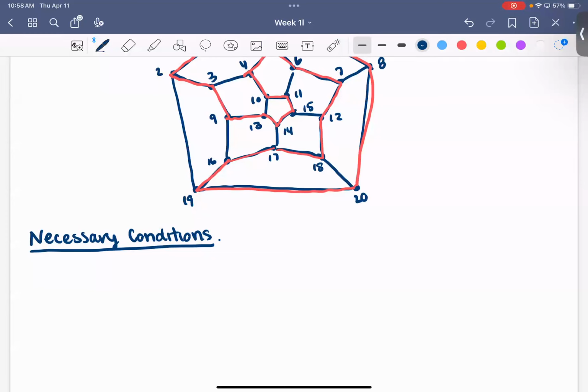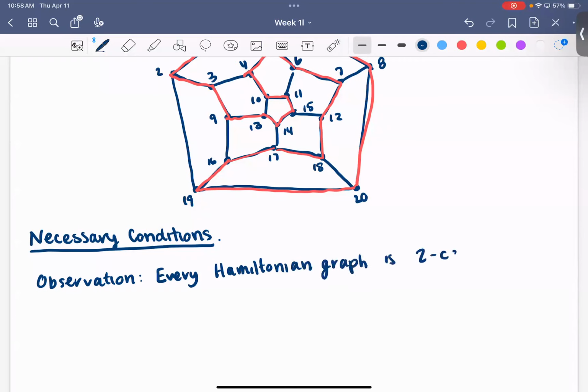Okay, so first I'm just going to make the observation that every Hamiltonian graph is 2-connected. So why is that?